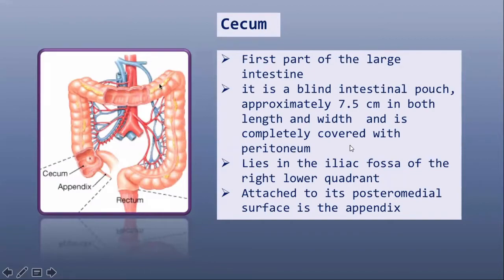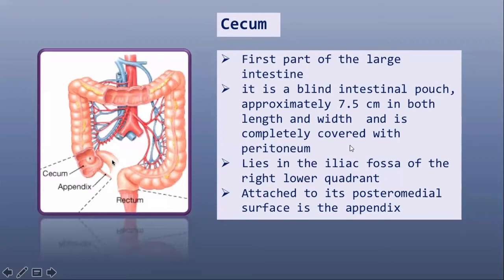See, these are the sacculations present only in the large intestine. These are the taenia coli, again present only in your large intestine. And then you have your projections here, not so visible here, your omental appendices, again present only in your large intestine. So the first part of your large intestine would be the cecum, continuous with your ileum.